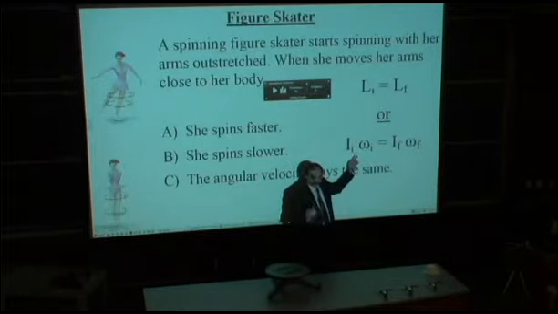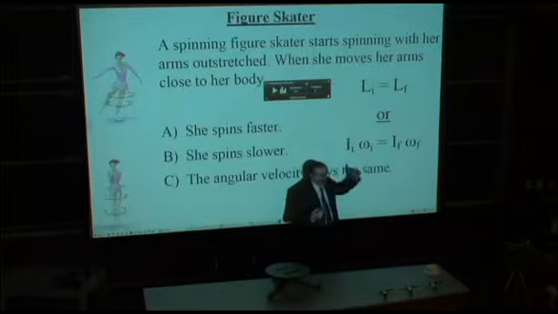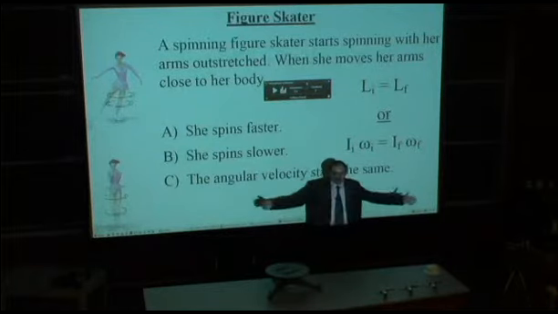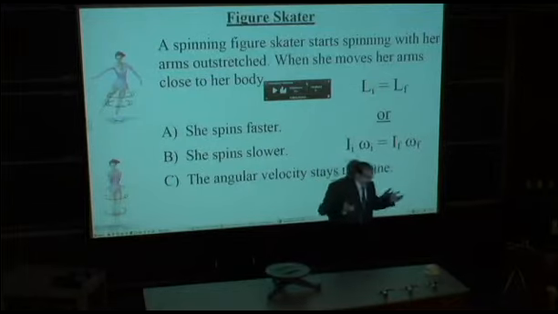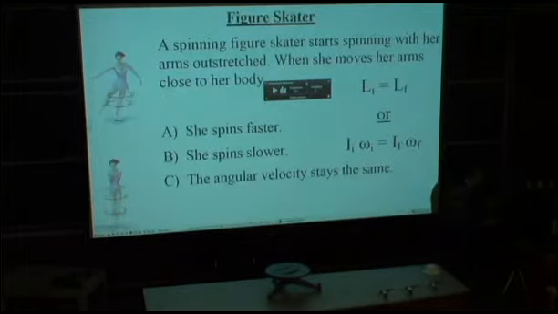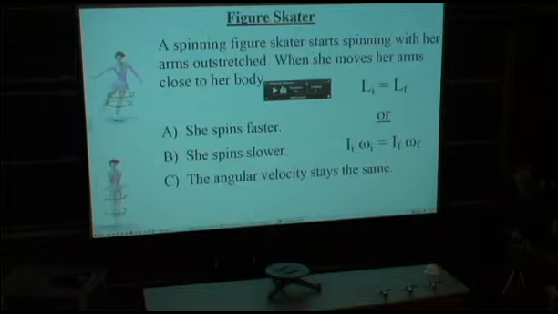To keep the product constant, that variable goes up. So she will spin faster. If you ever watched an ice skating competition, they do it every time. Close the hands, spin fast, move away, slow down.